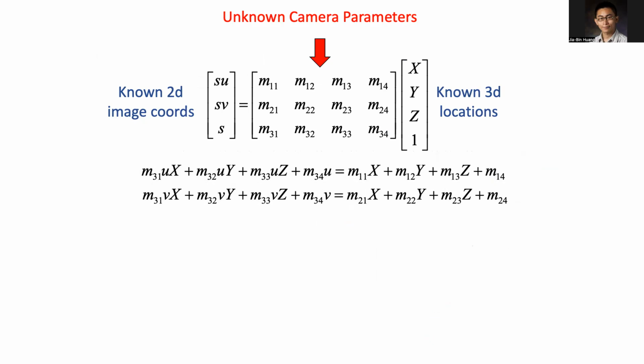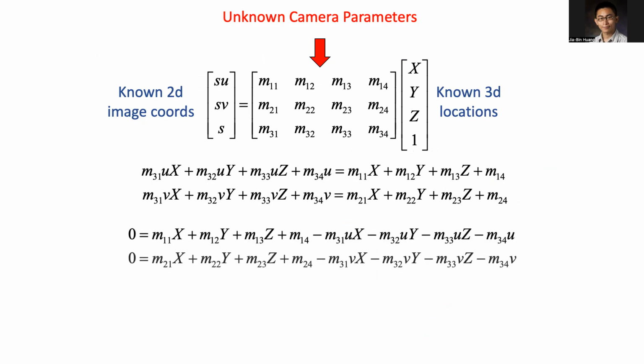You can organize these equations so that they equal zero. Now there are some values that are known: x is known, and small u and v are known as well.